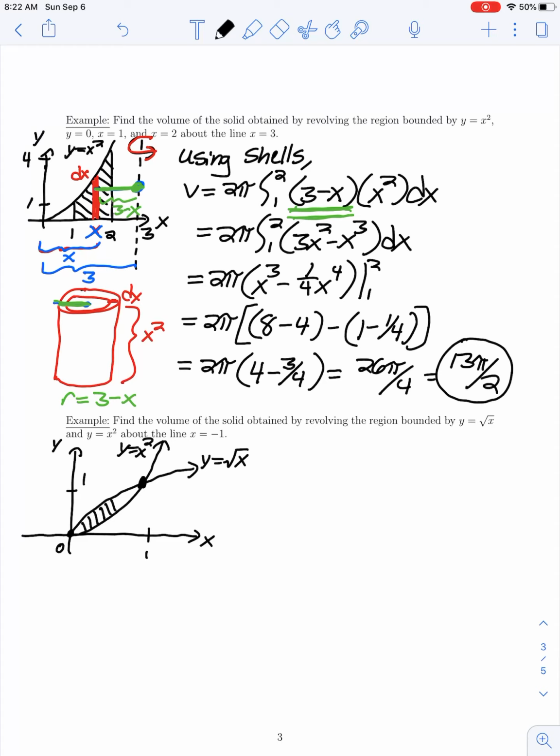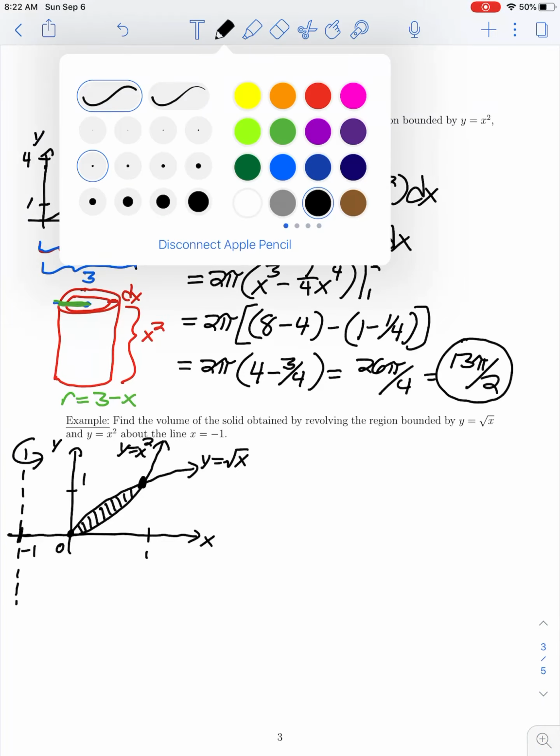So our region of interest is this shaded region between those two curves. And we want to revolve that region about the vertical line x equals -1. So if we were to think about slicing this region up into slices, well, we see the region is bounded by two functions of x.